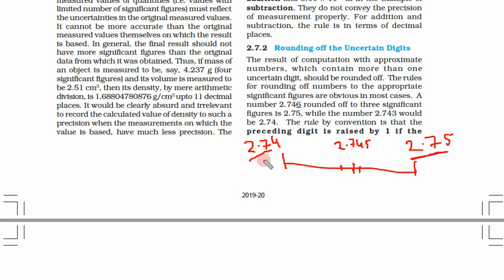If it is a little bit on this side, we will read it as 2.74. That's why if it is less than 5, we will simply round it to 2.74. If it is a little bit more than 5, then we will round it as 2.75.